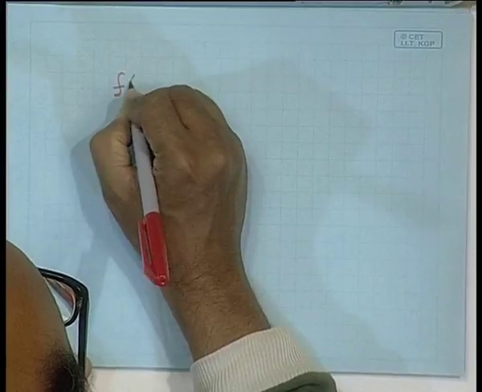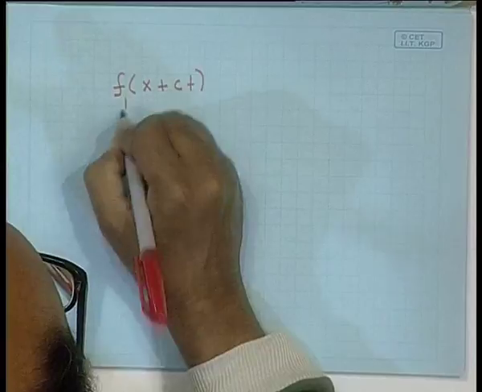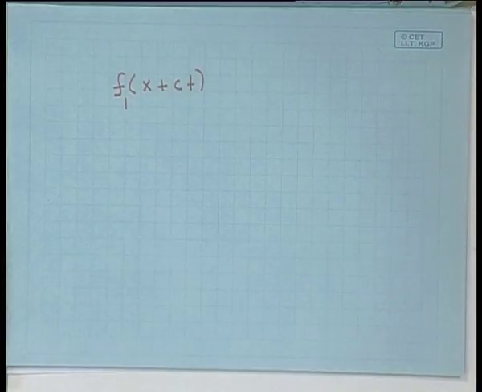In the last class, we have seen that you have 2 kinds of travelling waves. You have a right travelling wave and a left travelling wave. So, if I have some function f1 of x plus ct, where f1 could be any arbitrary function, provided it is differentiable and well behaved, it is a solution of the wave equation, and it is a left travelling wave, because we have x plus ct.